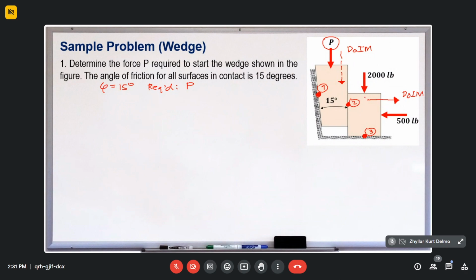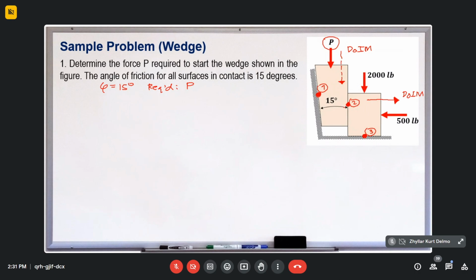Then once ma-solve na ang mga reactions at these two contact surfaces, the contact number 2 and contact number 3. Now, ang gate pass nato para ma-solve si P is the value of our contact surface 2, no? Ang reaction diri. So mag-una ta sa rectangular block before ang wedge.